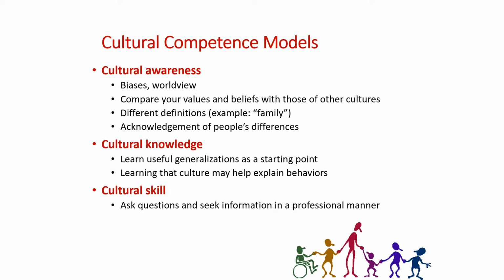So we now understand how the cultures are similar and how they are different, and we can learn useful generalizations as a starting point, where we can maybe learn how to say good morning, good afternoon, just in their own language, so that we can build that trust. We can also read about the language, the customs, the health beliefs of people, and become aware of it, so that when we talk to them, we are aware of what their beliefs are, and that we are not judgmental when we hear about that.